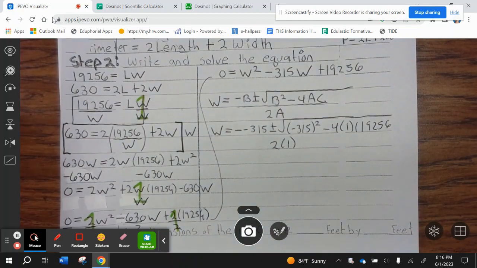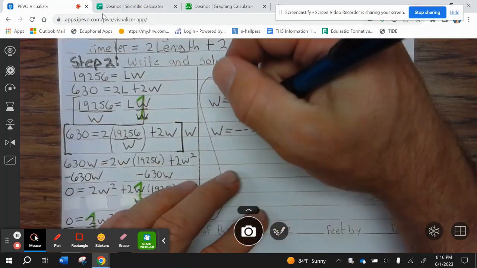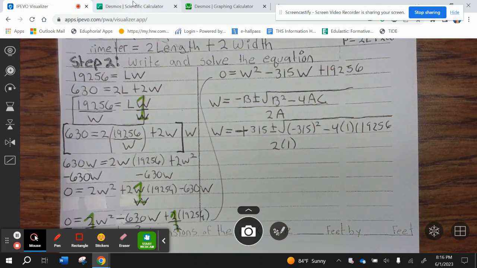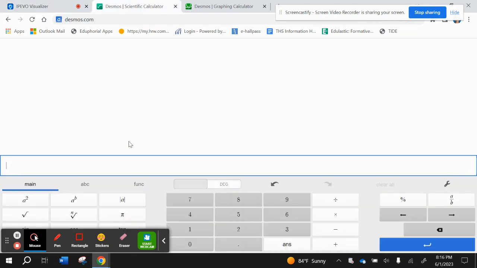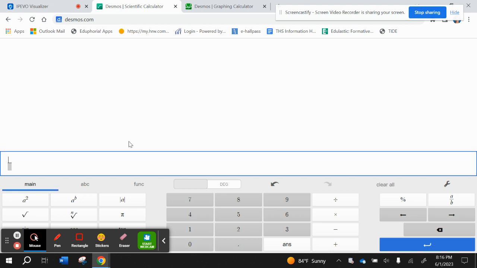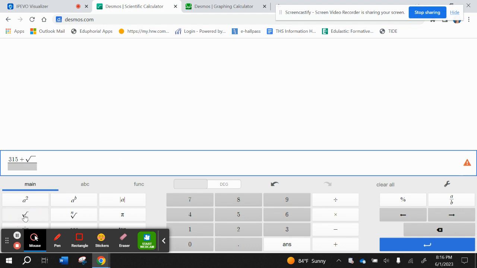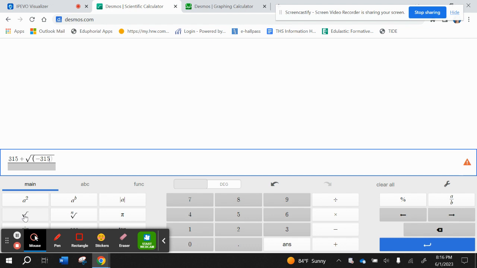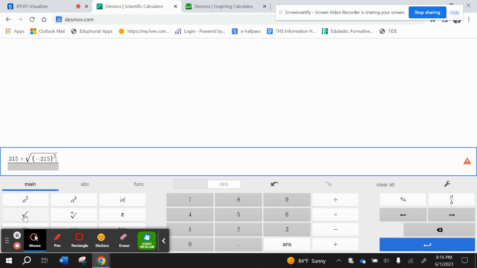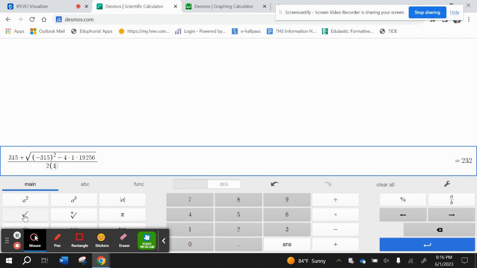Okay, so let's go ahead and plug that in our calculator. Remember, this becomes a positive. So you have 315, oh, let's do divide. Divide 315 plus square root, parentheses, negative 315 squared minus 4 times 1 times 19,256, divided by 2 times 1 is 232.